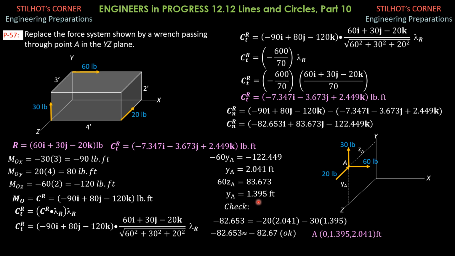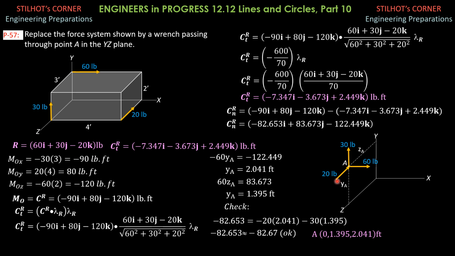We then check the moment about the x-axis to see if these coordinates are correct. The moment of the 20-pound force is negative, because this is the positive sense, so it is obviously clockwise. This is the origin and your position on the x-axis, and this is also clockwise.